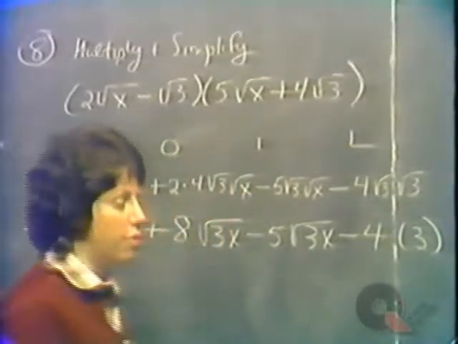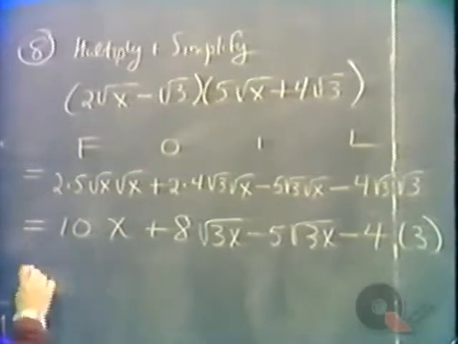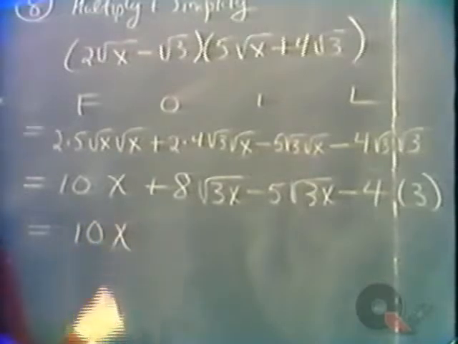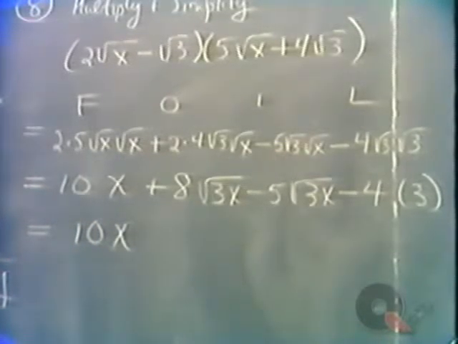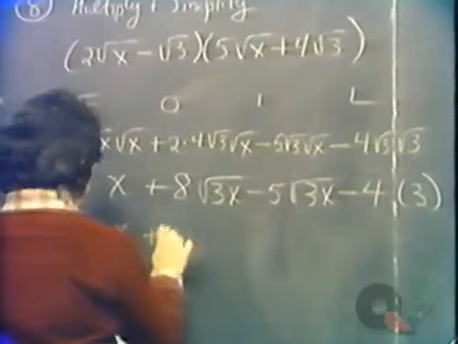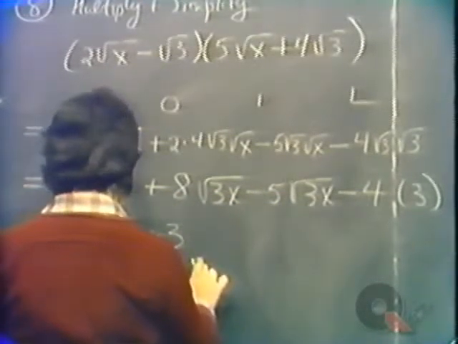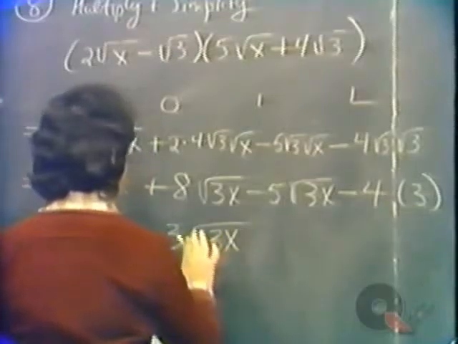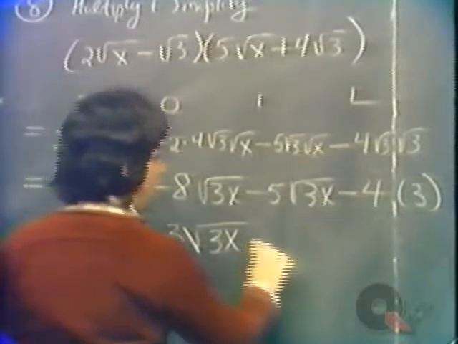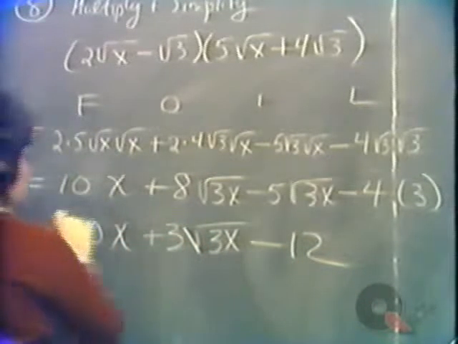The square root of 3 times the square root of 3, it squares out, it gives us 3. So we have 10x plus 8 the square root of 3x minus 5 the square root of 3x. Like terms, 8 minus 5, plus 3 the square root of 3x. And then minus 12.